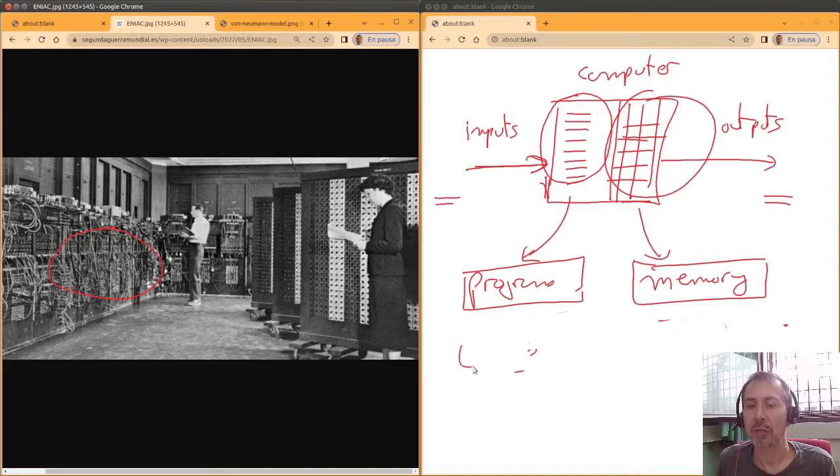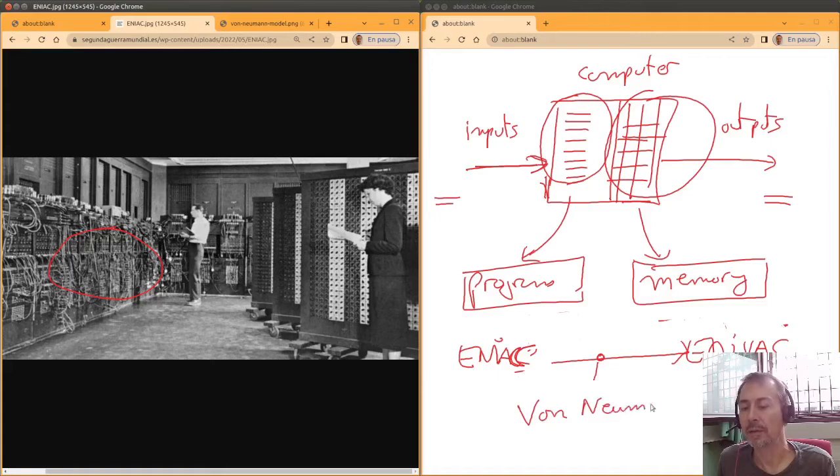From the ENIAC, they wanted to build the EDVAC, the computer that would substitute the ENIAC. From the ENIAC to the EDVAC, von Neumann published a new kind of architecture to build the EDVAC in a completely different way.